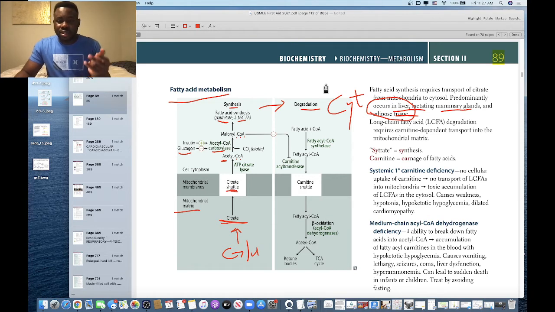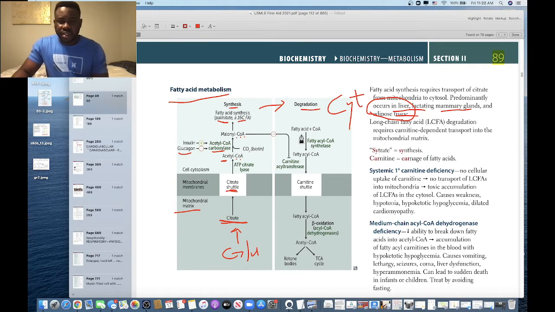Two, when you are in severe hunger, let's say somebody went hiking and their food got lost, or they got lost and have not eaten for, let's say, 3 days, and typically that's how they present the question. Not eating for 3 days, we'll start using our fats to make ketone bodies for energy, because our glucose is going to be depleted. Good. So these are some of the things that favor the degradation of fat.